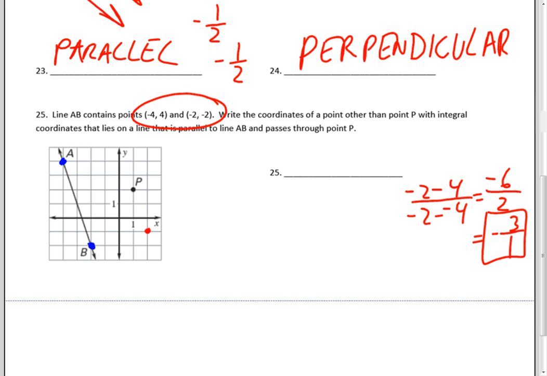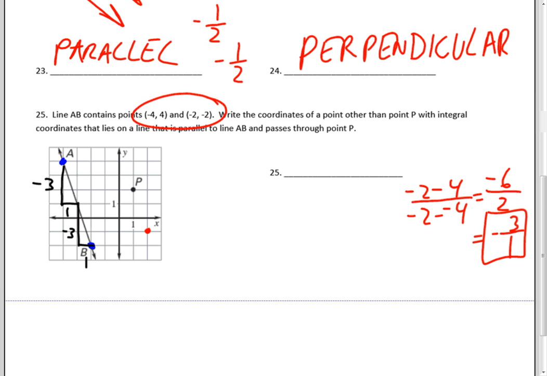I can do the slope formula, but couldn't I also just count squares and do rise over run? If I want to do the slope of this, I would go down 3 and then over 1. Down 3 over 1.